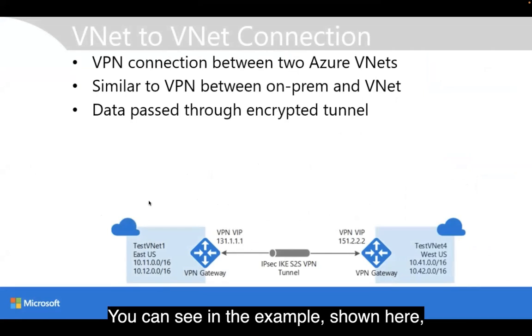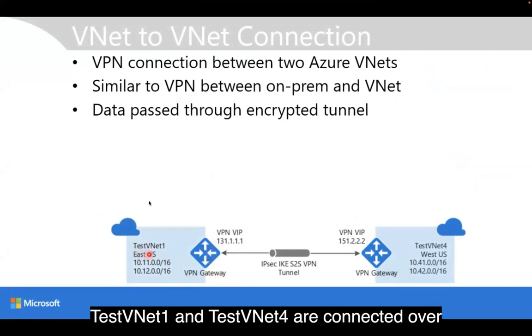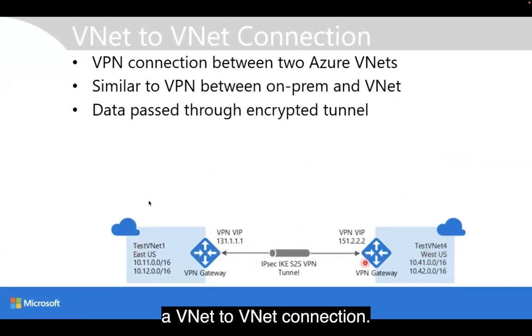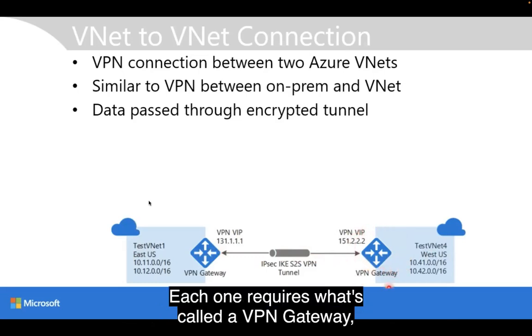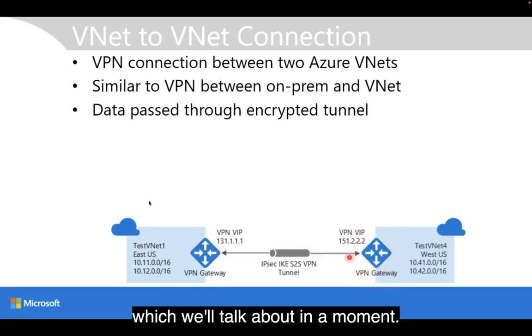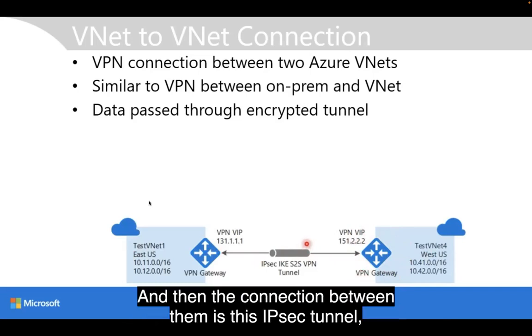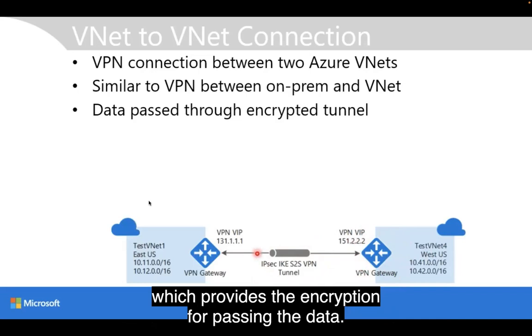You can see in the example shown here, test VNet 1 and test VNet 4 are connected over a VNet to VNet connection. Each one requires what's called a VPN gateway, which we'll talk about in a moment. And then the connection between them is this IPsec tunnel, which provides the encryption for passing the data.